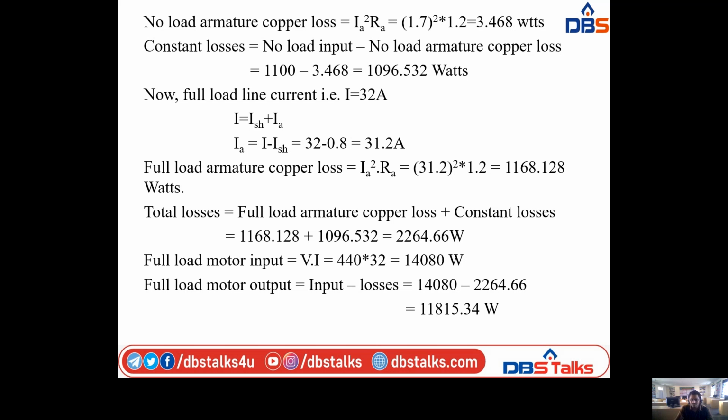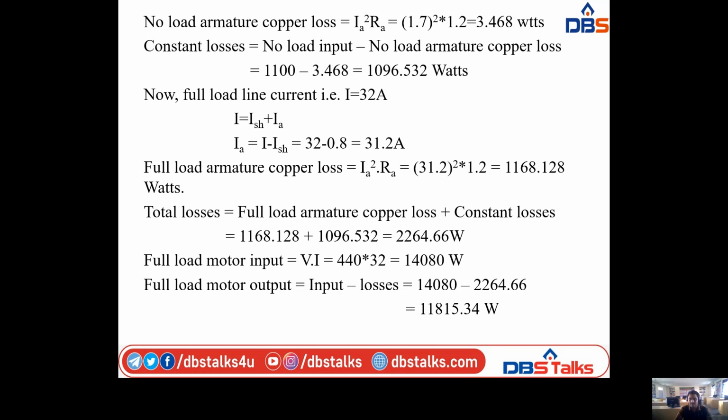And next we have to calculate the full load motor output. After calculating the full load motor input, we have to calculate the full load motor output. Why? Because if we want to calculate the efficiency of the motor, we have to know the input power and output power. We already calculated the full load input power, and next we have to calculate the full load output power.